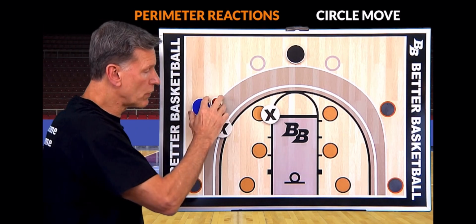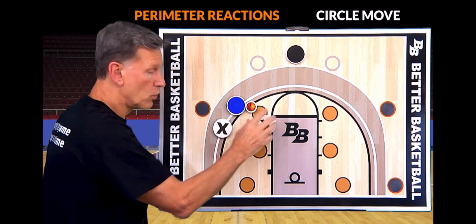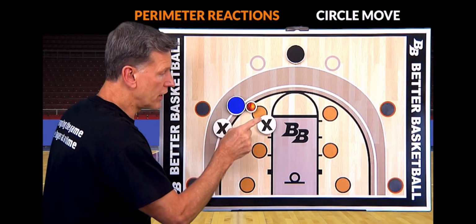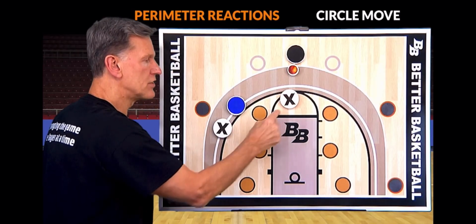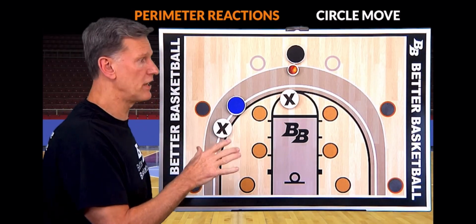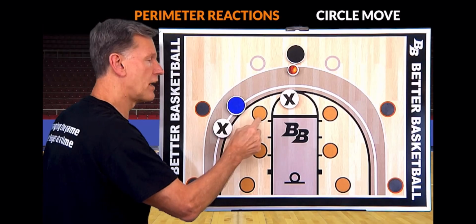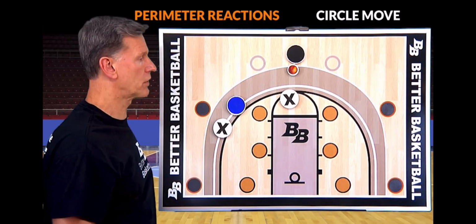If you look at dribble penetration without circle movement, then defensive help and recovery is done in a relatively small space. It's just a step slide here and a couple of step slides back to recover.